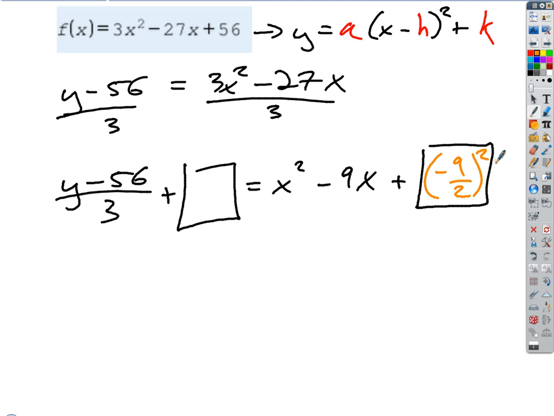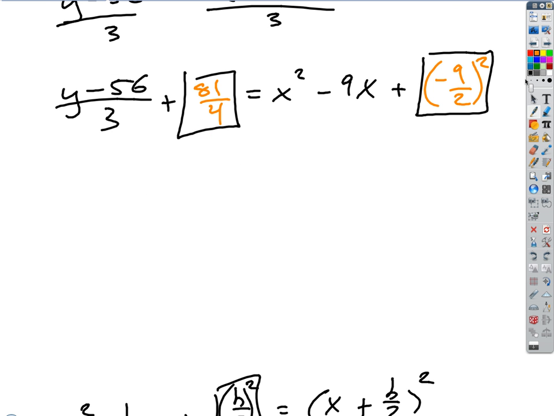We square both parts, right? So like 81/4. Okay? So that gives us on the right side, what? Okay, make sense? That gives us what perfect square then? So x minus 9/2 quantity squared.